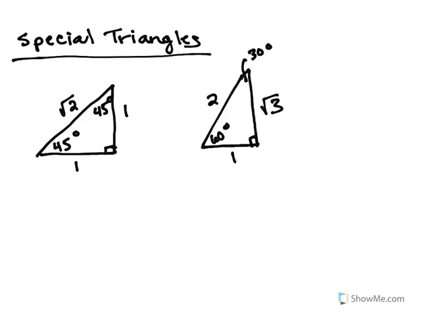So for the 45-45 triangle, if I divided every side length by the square root of 2, we'd have a radius of 1 with side lengths of root 2 over 2, root 2 over 2. And for the 30, 60, 90, if I divided every side length by 2, we'd have a radius of 1. So these really are our unit circle triangles.